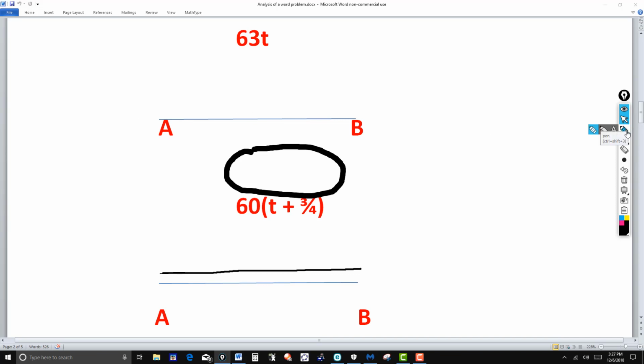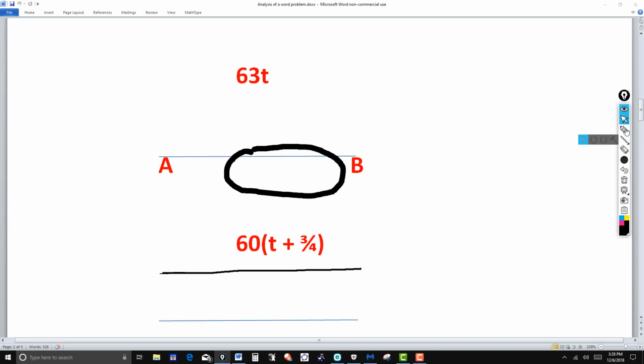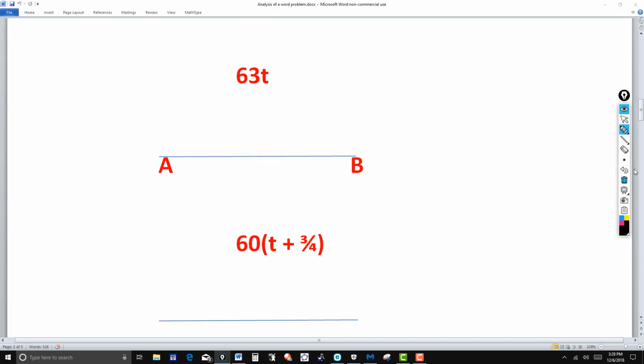So then we can make the statement that it has to be true that 63 times t, which is the distance that Bill covers to catch up, has to equal the same distance that Jim travels.